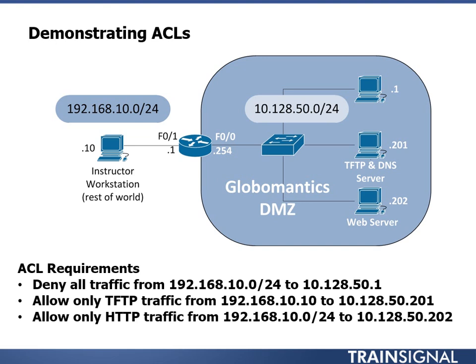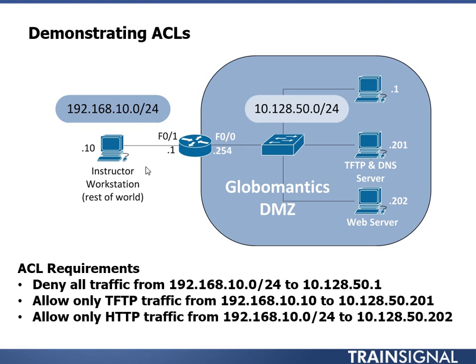Now, since we really want to restrict most of our access to these servers in the DMZ, we're actually going to put an outbound access list on this interface. We're going to filter traffic as it enters the DMZ. So the inbound traffic into the DMZ is actually the outbound traffic from FastEthernet 0/0. So we want to filter traffic as it leaves FastEthernet 0/0.